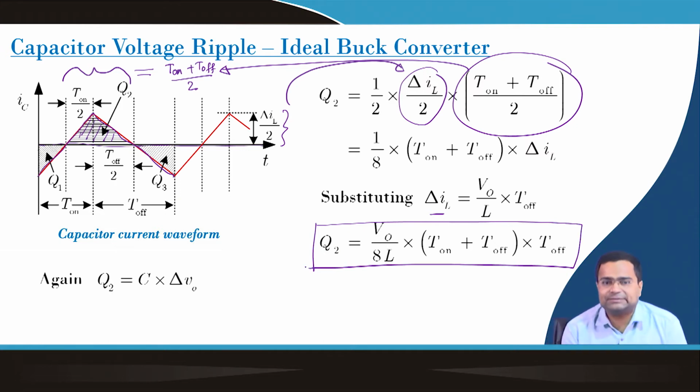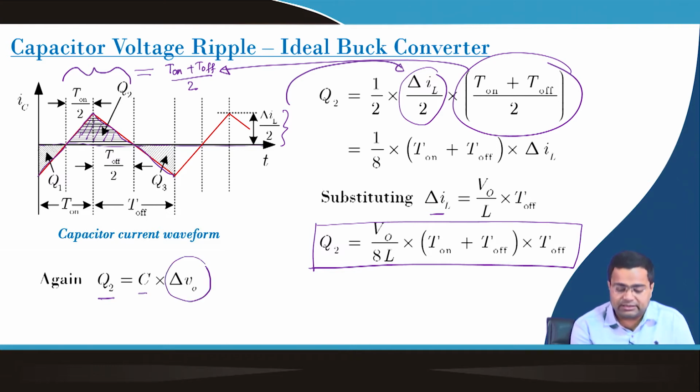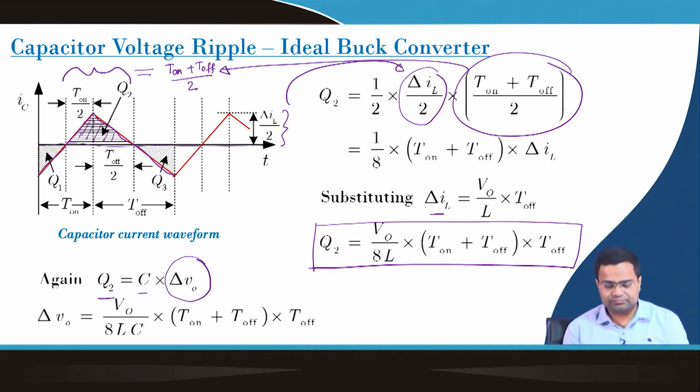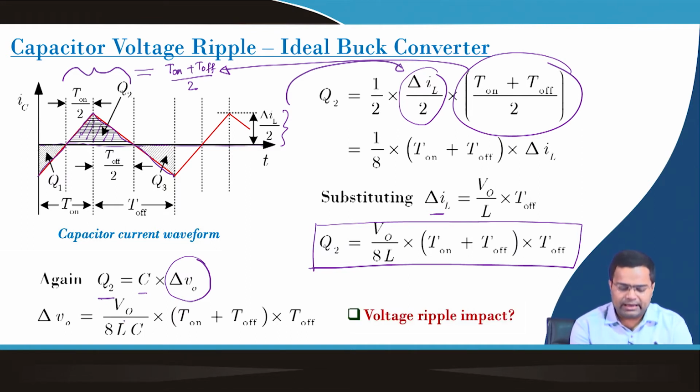During this positive charge, the output voltage will rise. So, you can replace the capacitor positive charge with C into the positive voltage rise, that is, the ripple voltage. The ripple voltage can be expressed in terms of inductor, capacitor, output voltage, and on and off time.